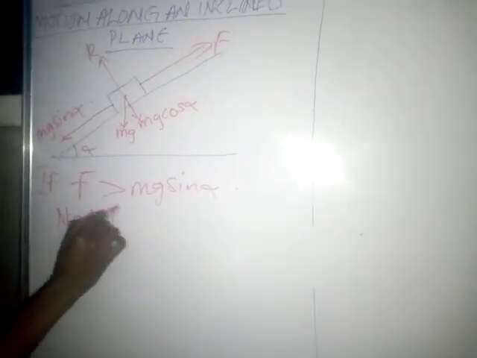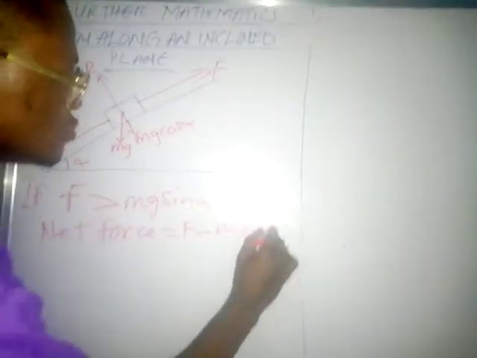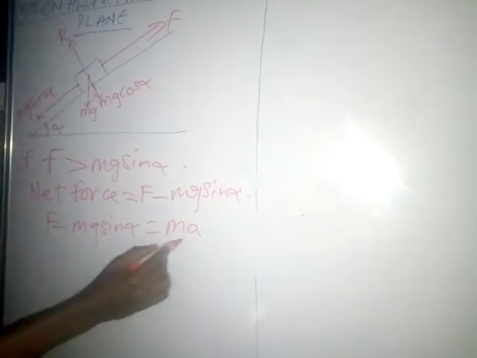So that means that the net force will be equal to F minus mg sine alpha. So F minus mg sine alpha will be equal to ma, where a is the acceleration of the body.